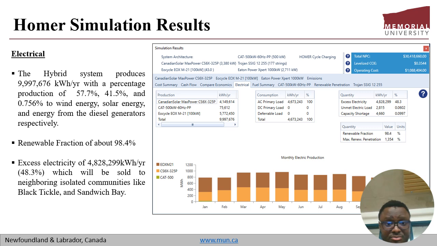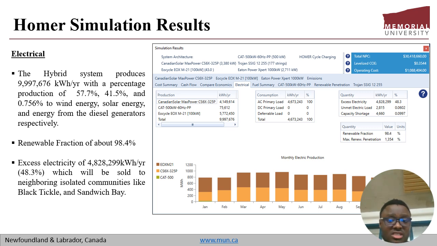And you can see that about 57% of the total energy produced comes from the wind turbines, which obviously during this period have high wind speeds, as well as 41.5% coming from the solar.